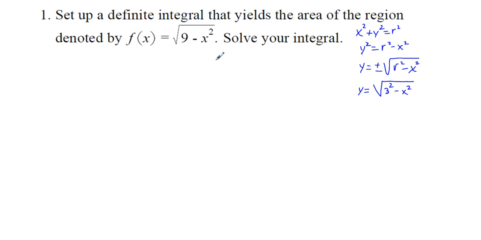This is what it's going to look like: an xy coordinate plane with a semicircle of radius 3. Our a value for the integration is negative 3, our b value is 3, and we have this shape up here.